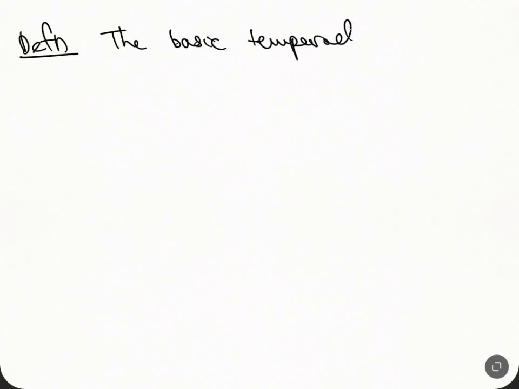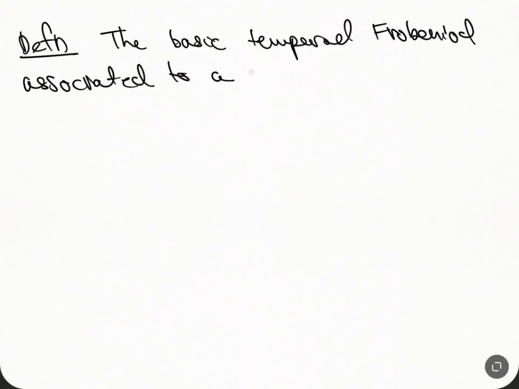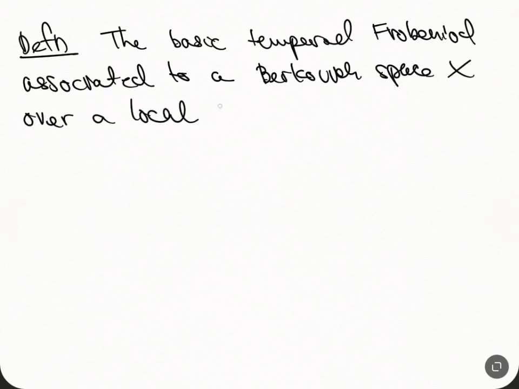So now we can say, here's the definition. The basic tempered Frobenioid associated to a Berkovich space X over a local field is the Frobenioid.